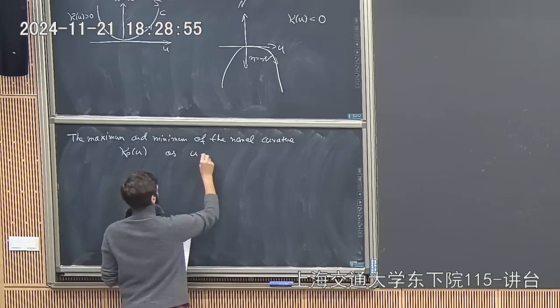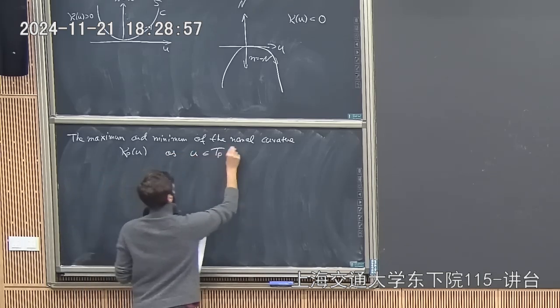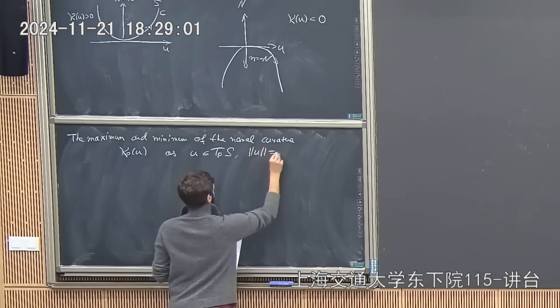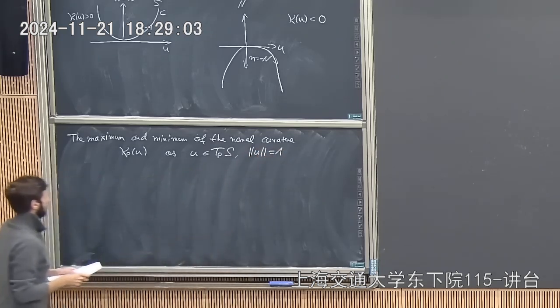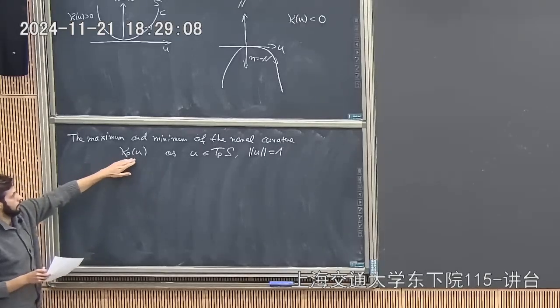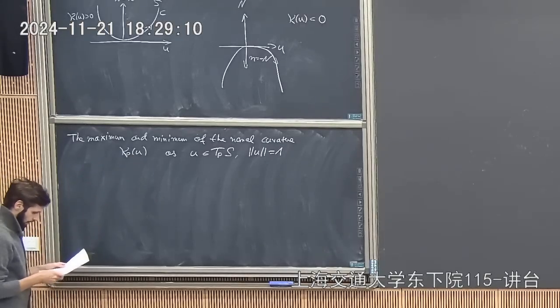As we change u to be an arbitrary vector, that gives us a function for every vector, and then we take the maximum and the minimum of that.